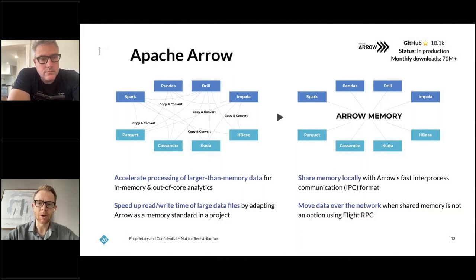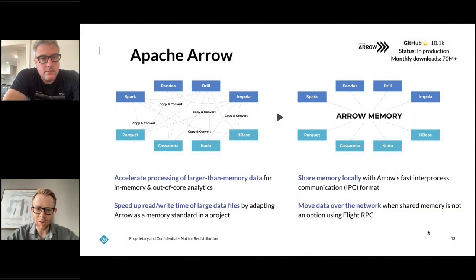And so over the years, we've been focused on these four key areas. So firstly, sharing data, sharing memory very efficiently between processes and systems, supporting technology to enable the creation of very fast distributed systems that are Arrow native.